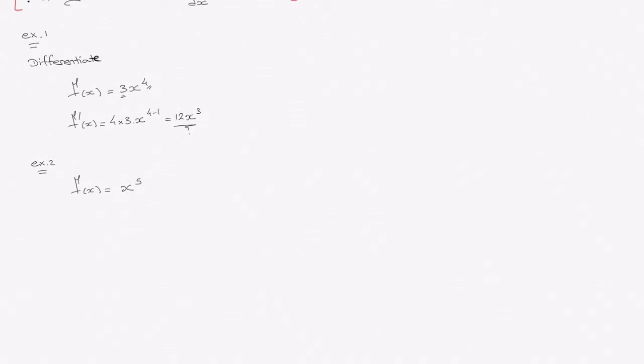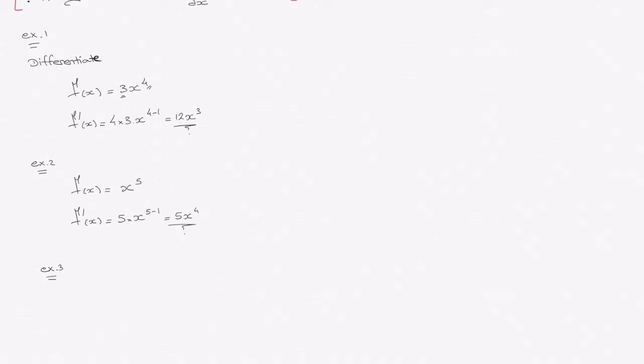So, using that, we can now differentiate and say that f dash of x, the derivative function, is equal to 5 times 1, which we don't write, times x to the power of 5 minus 1, which leads us to 5 times x to the power of 4. And we're done.